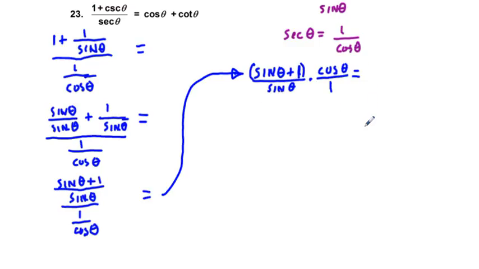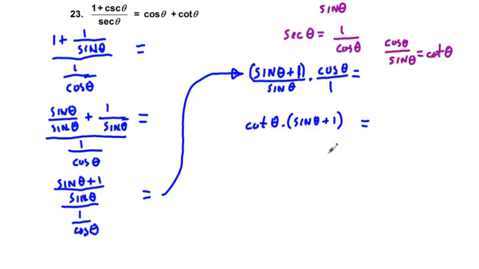So I'm going to rewrite this cosine theta over sine theta as cotangent theta. So I have cotangent theta times, and I'm just going to write this out on the right here, cosine theta over sine theta equals cotangent theta. And then I'm going to bring down this sine theta plus 1. So you have sine theta plus 1.